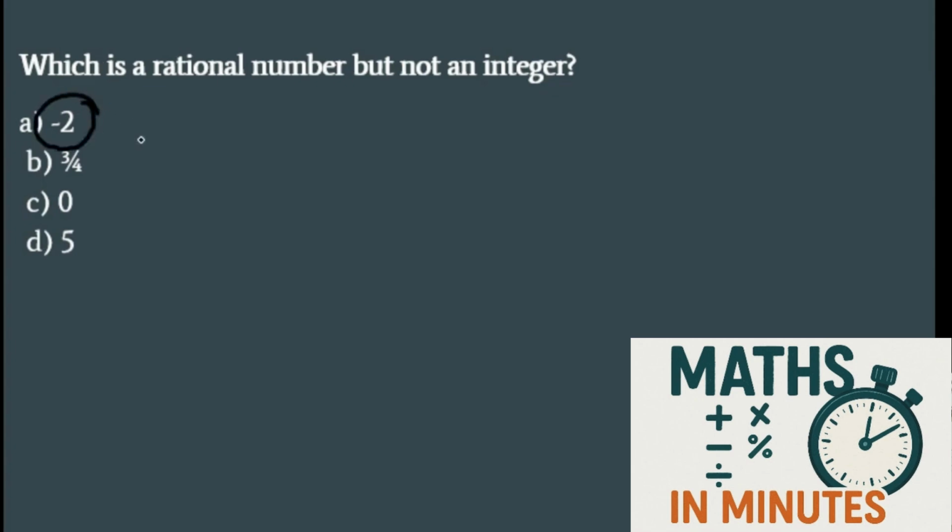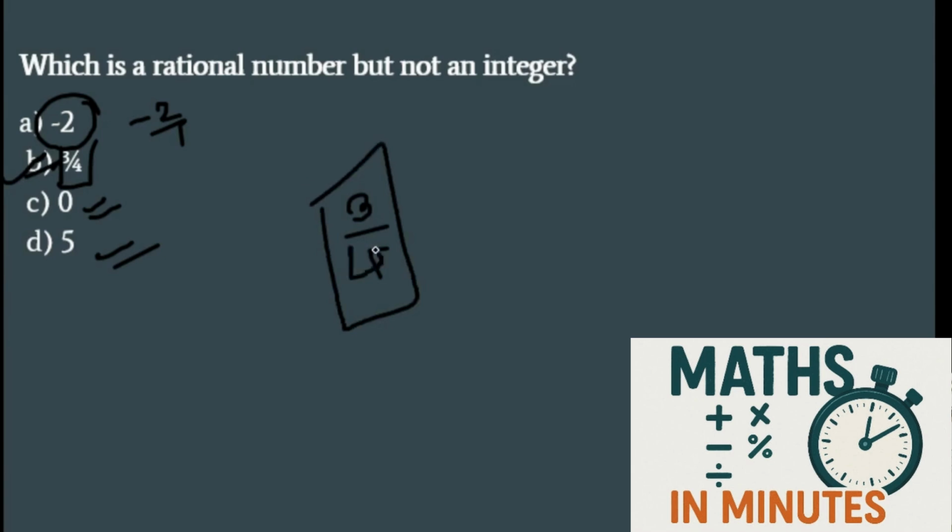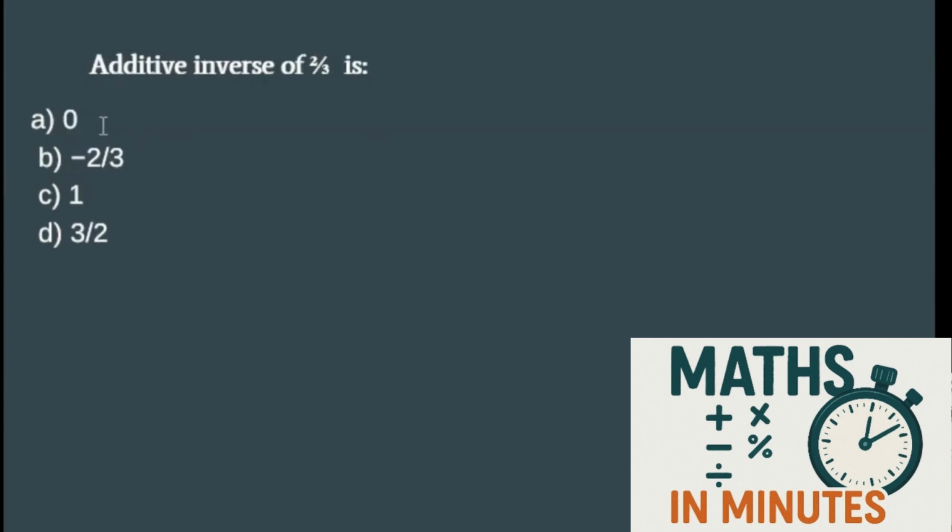It is an integer as well as it is a rational number. 0 is an integer. 5 is an integer, right? But if you look at 3 upon 4, 3 upon 4 is a rational number but not an integer. So we will say 3 upon 4 is a rational number but not an integer. Right, everyone? Clear?